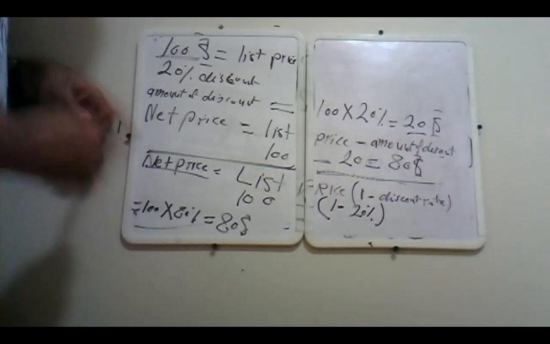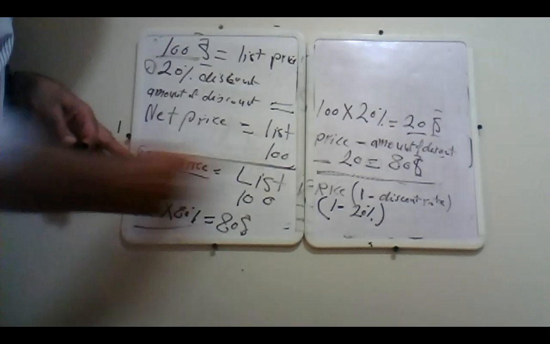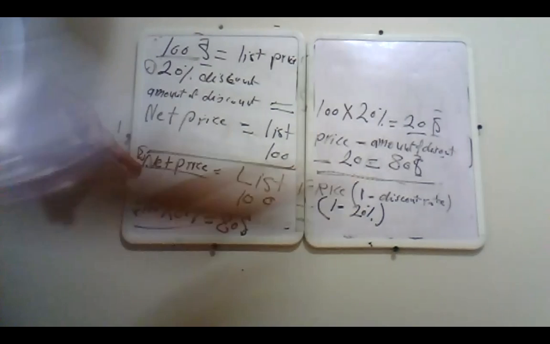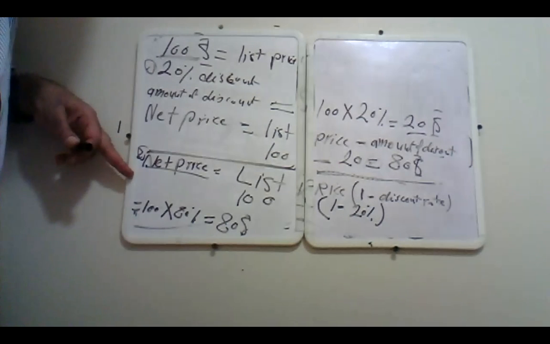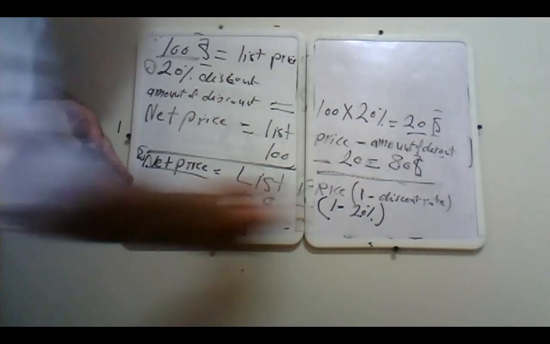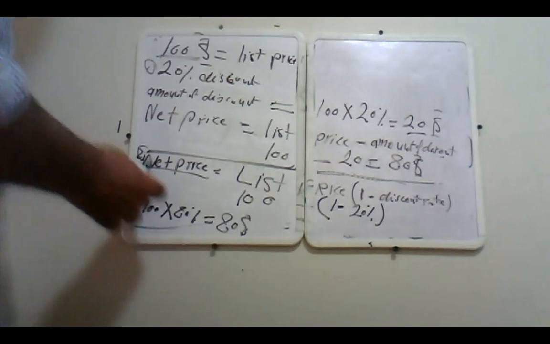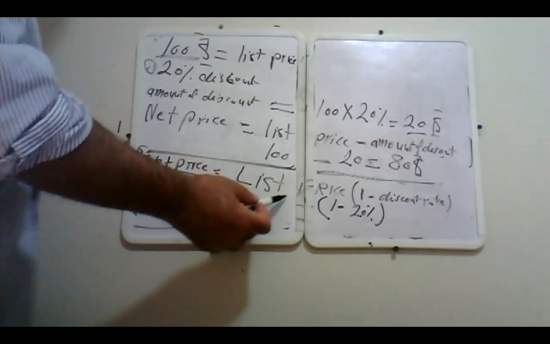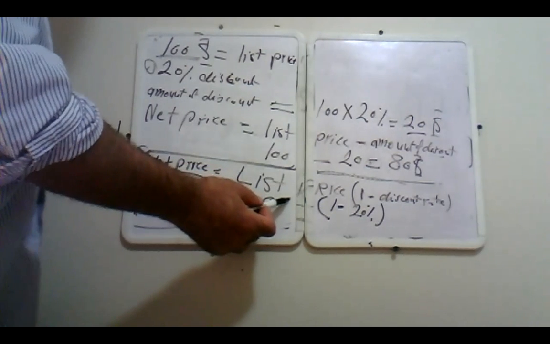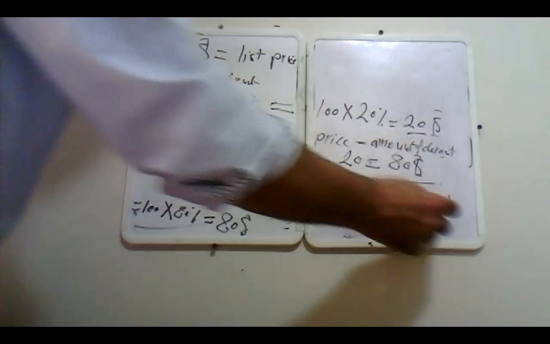This is number 2, and this is number 1. This is another way to solve the problem. Instead of two steps and long detail, you can do it on only one line. I would say that the net price equals the list price, the price of the catalog, multiplied by 1 minus the discount rate.